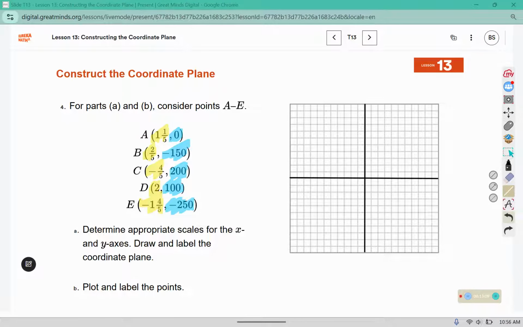So this would be 1/5, 2/5, 3/5, 4/5, 1, 1 and 1/5, 1 and 2/5, 1 and 3/5, 1 and 4/5, 2.